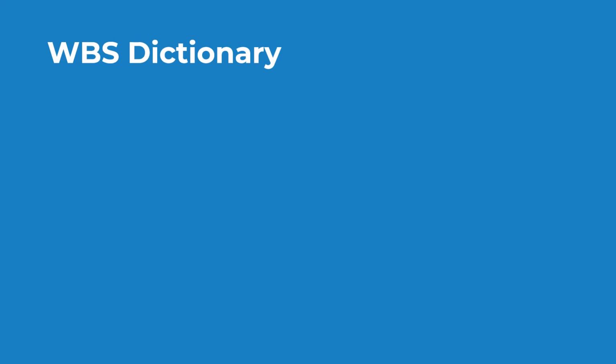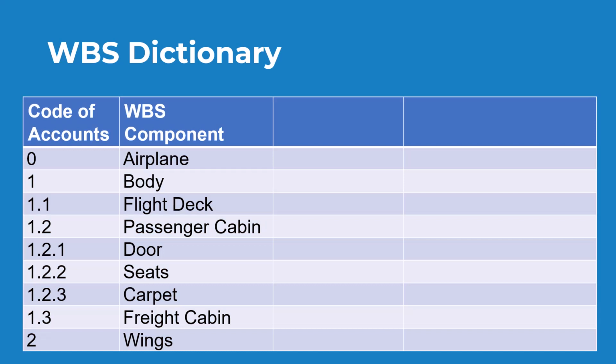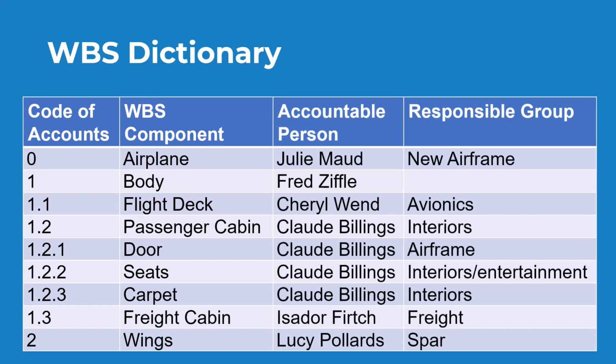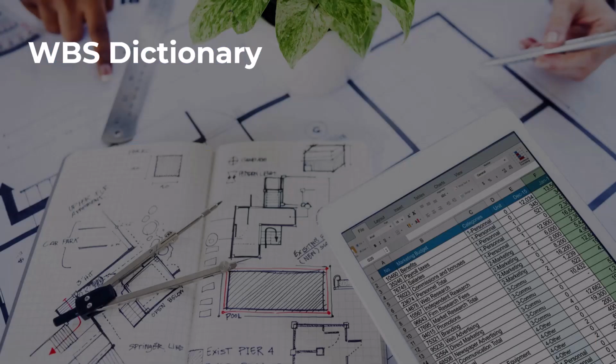We can take the table format and add a few, probably many more columns and start adding all that information, all that data right there. Here we go. For instance, here we have added 2 more columns for the accountable person and the responsible group. You could add columns for all the other data as well and just fill it in as you go along and more information becomes available.